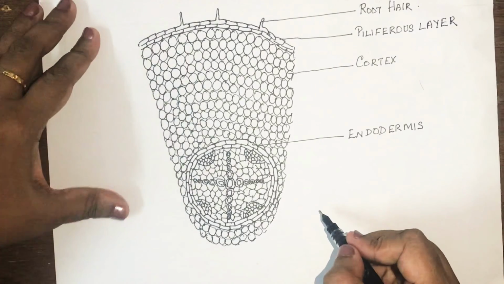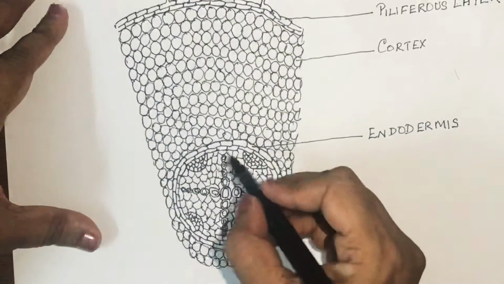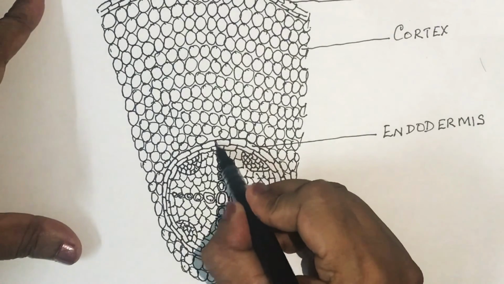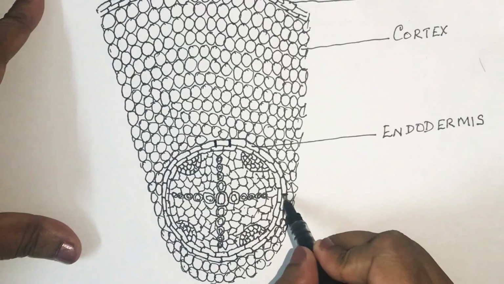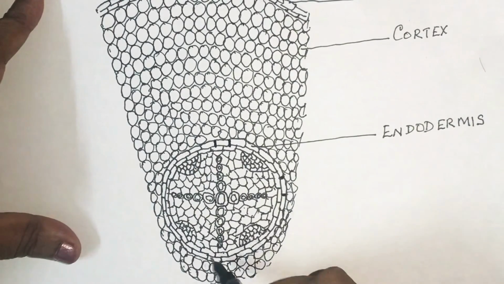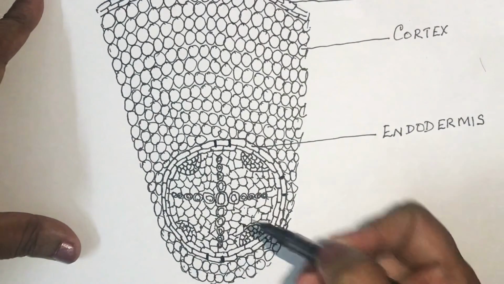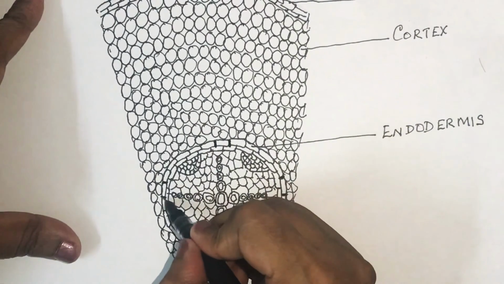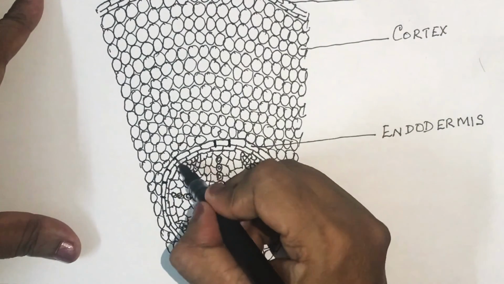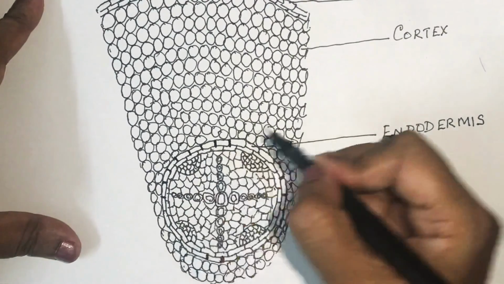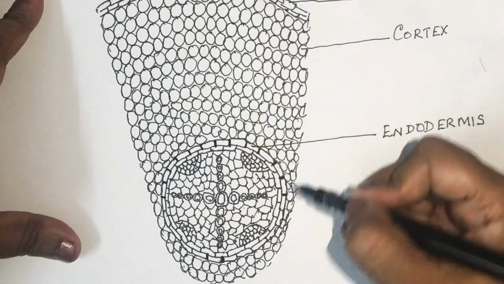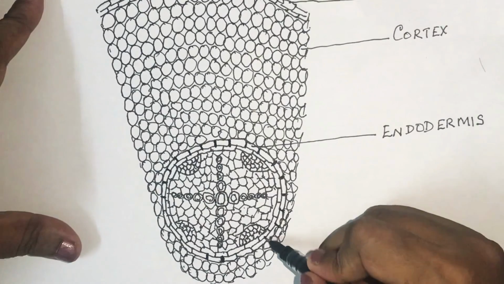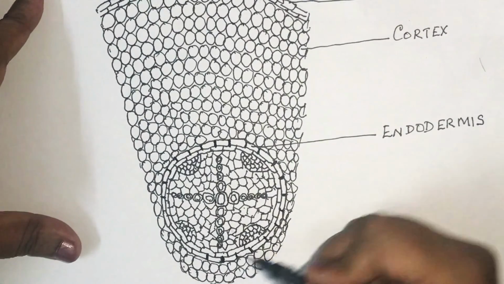Now look here. On the endodermis, the radial walls where you find the xylem, that area, the radial walls will be thick, right? All the radial walls have to be thickened.